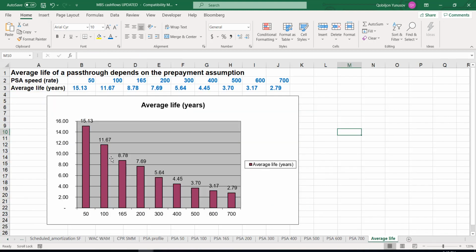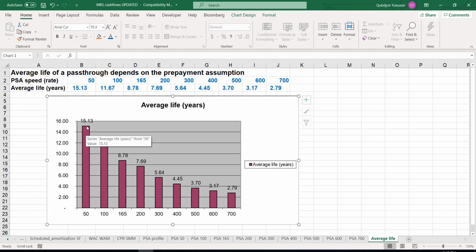So in the end, what is interesting to see is that when you have high levels of PSA, or high multiples of PSA, the average life of this pass-through or mortgage bond will be much less. For example, this is based on a 357-month mortgage security, in other words, almost 30 years. If you have as low a PSA as 50, which is like a 3% limit, only 3% a year, the average life of this 30-year mortgage bond is only 15 years.